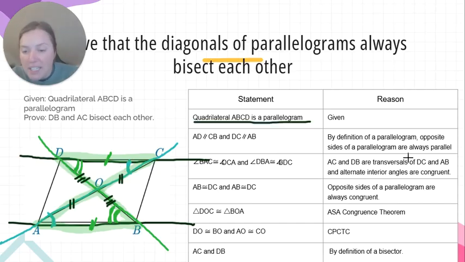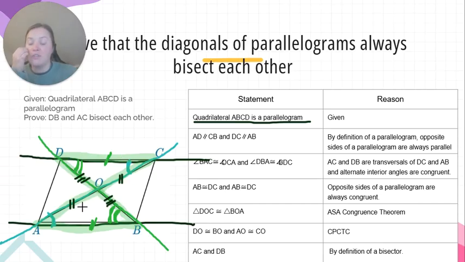So we know by definition of a parallelogram that we have two sets of parallel sides. We've got AD and we've got CB that are parallel to each other, and then we've got DC and we've got AB that are parallel to each other. This is exactly what we're talking about, the perfect setup, right? Now, we know that we have a single line that crosses through these parallelograms, right?